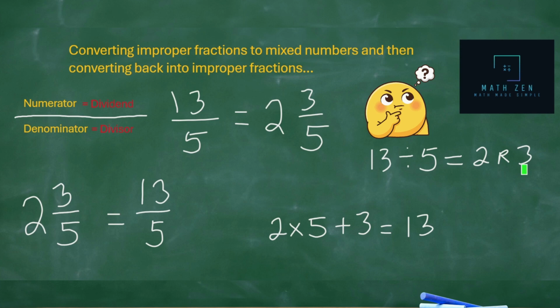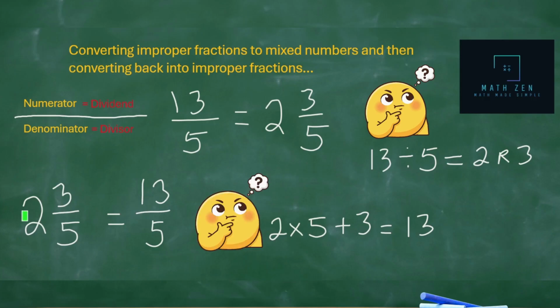Once you've done that, you just need to know how to plug those numbers in to form your mixed number. The whole number 2 is this whole number 2, and the remainder 3 is this numerator 3, and your denominator always stays the same. Now, how do we reverse that and take the mixed number and convert it back into an improper fraction?